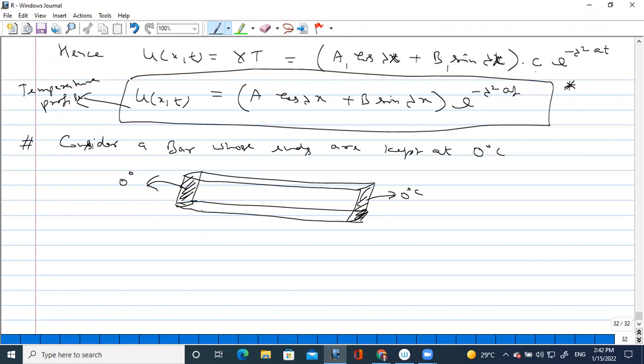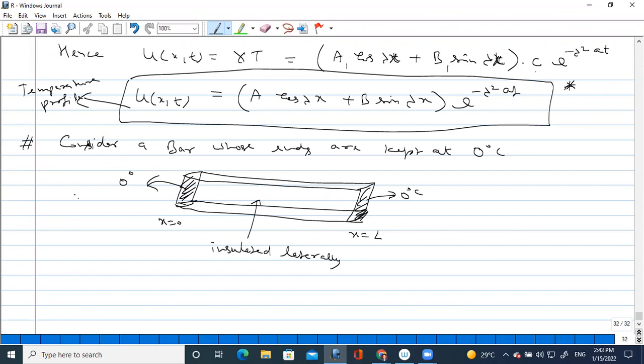So at this point x is equal to 0. At this point x is equal to L. Suppose the rod length is L. It is insulated laterally, meaning no extra heat will be given. So whatever the heat is there, it is inside the system only, and that will remain here only. But the condition is that both the ends will always be kept at temperature equal to 0 degree.